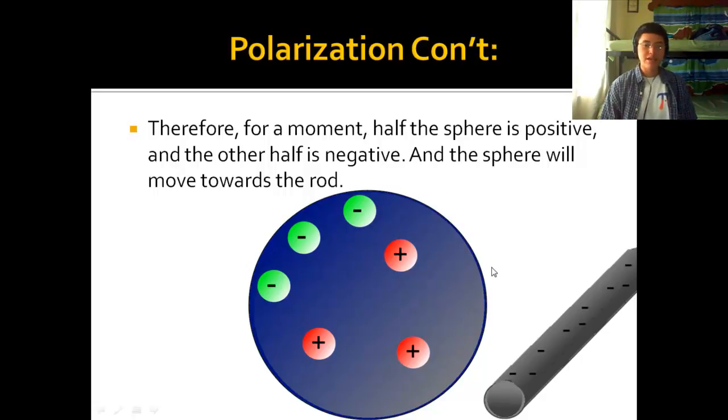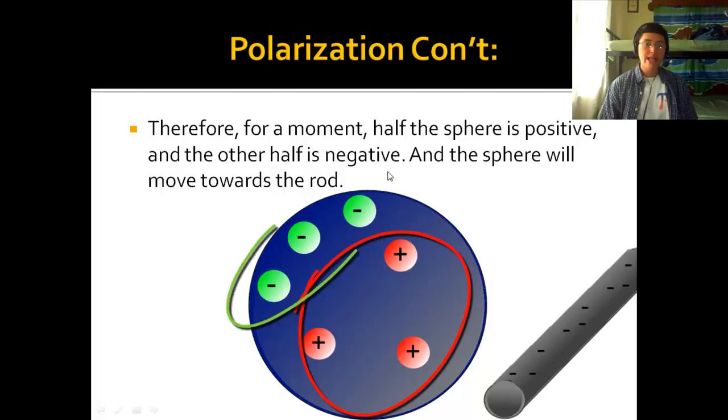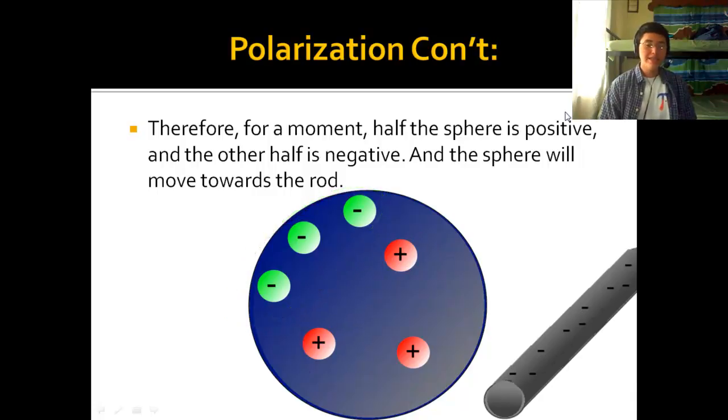As seen here, this half would be positive while this half would be negative, making the charges of the sphere split in half, and the positive half of the sphere would move towards the rod.